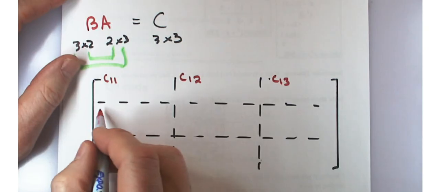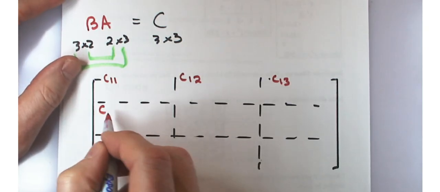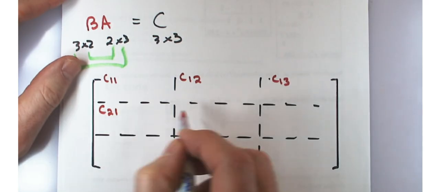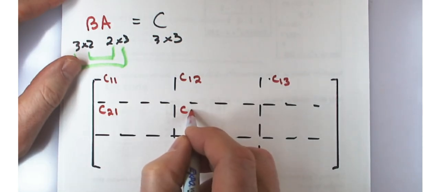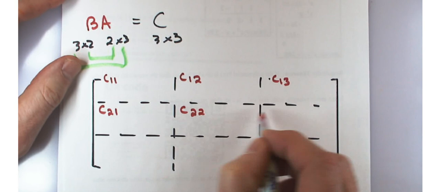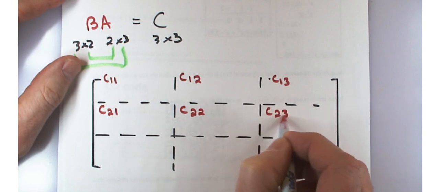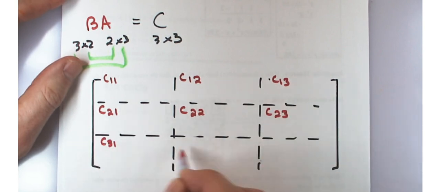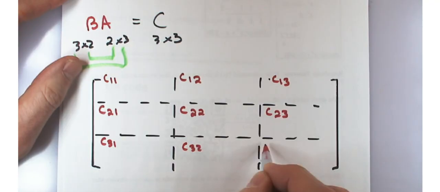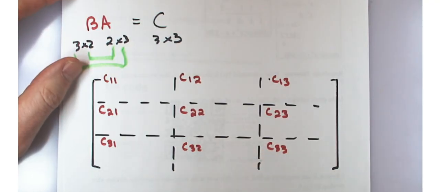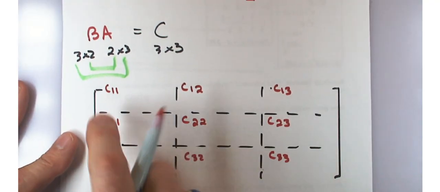How about this one? Second row, first column. Keep going. Second row, second column. Good. And I'll do the rest. C31, C32, C33. Now remember, it's always row then column.